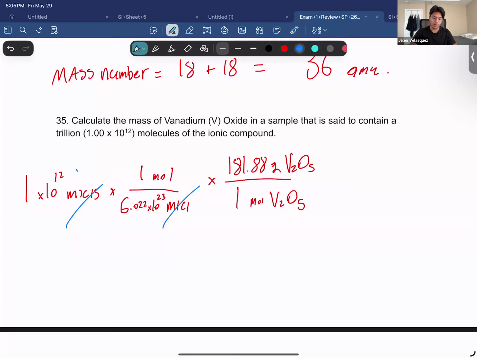So your molecules cancel, the moles cancel, and we're just left with grams of the vanadium 5 oxide. So 1 times 10 to the 12 divided by Avogadro's number multiplied by 181.88. This is going to be equal to 3.02 times 10 to the negative 10 grams of V2O5.